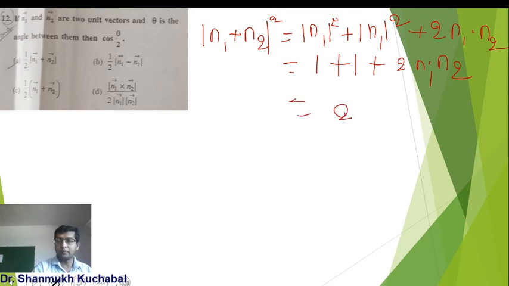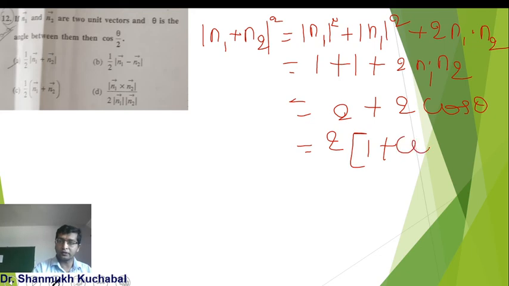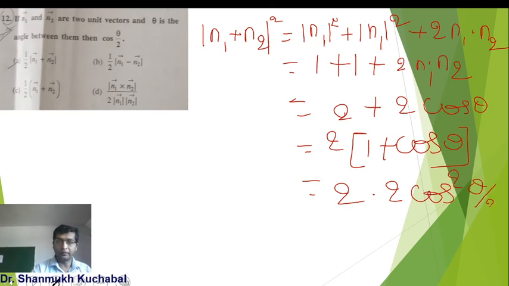So 2 plus 2 cos theta. Taking 2 common, we get 2 times (1 plus cos theta), and using the half angle formula it is 2 times 2 cos square theta by 2.